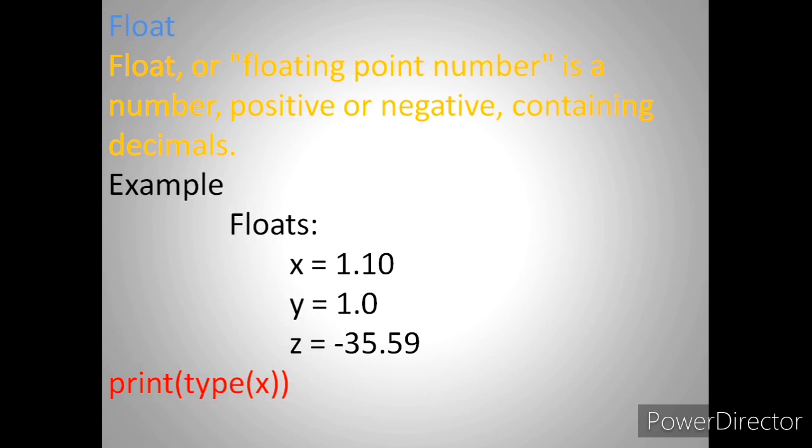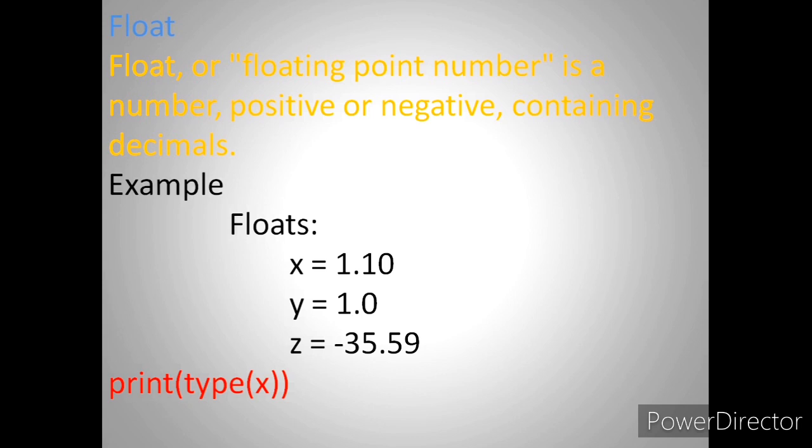So again, to get the type of data which is being used as a float, we can verify with the help of the statement print type x. When you print type x, you will get the data type as float. If you print type y, then also you will get float. If you print type z, then also you will get float.